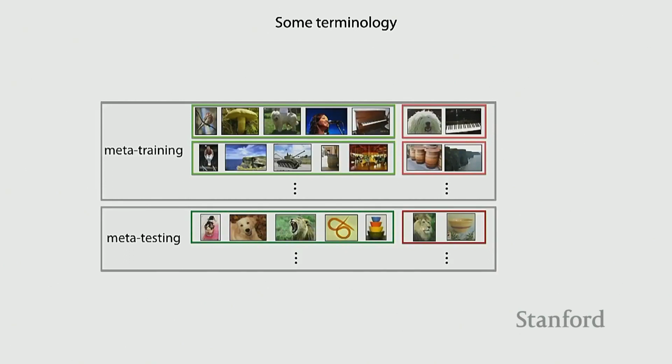Okay, so I want to go over some terminology. In the example that I showed before, we have these meta-training tasks and meta-test tasks. Each training data set for a task can be referred to as the task training set. If a task is indexed with i, then I'll use D_train^i to refer to that.